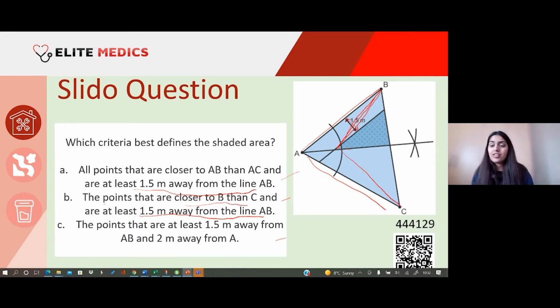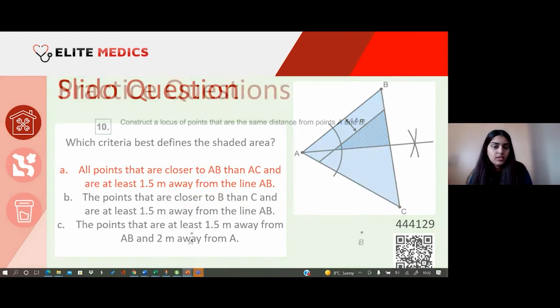But if we take another extreme point, you can see that the points may not necessarily be closer to B than they are to C. If I were to take, for example, this extreme point here, obviously the diagram is not drawn to scale. This was meant to be a bit more exaggerated, but it isn't, unfortunately, so my apologies about that. But I can see where the confusion might come from. Essentially, make sure that you're choosing extreme points and trying to see if each of the statements holds true or not.